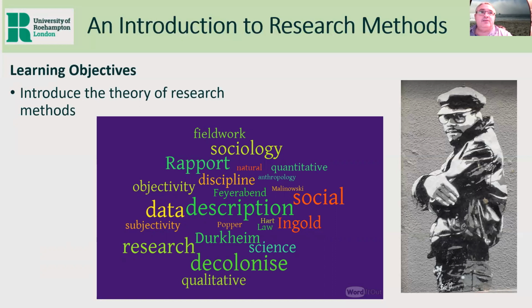So the purpose behind this word cloud is to give you a sense of the various topics, the various writers that touch on methodology in social sciences, but also the natural sciences. So we're running from fieldwork, sociology, anthropology, the nature of the discipline, Malinowski, Paul Feyerabend, Keith Hart, Karl Popper, Emil Durkheim, the nature of science, and then even the decolonization of science.